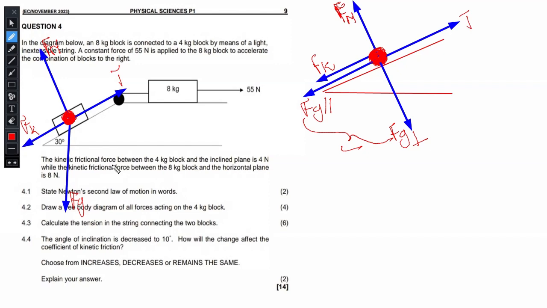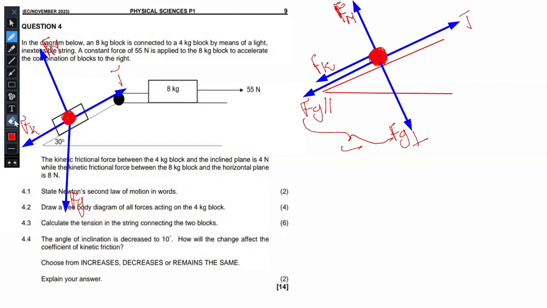So they represent one force. So these are just 2 vectors. And then this is just one vector that represents the same effect as the 2 other vectors acting together, right? Okay, so either you draw it like this or you draw it like that, you will get your full 4 marks. Then 4.3, they say calculate the tension in the string connecting the 2 blocks, right?